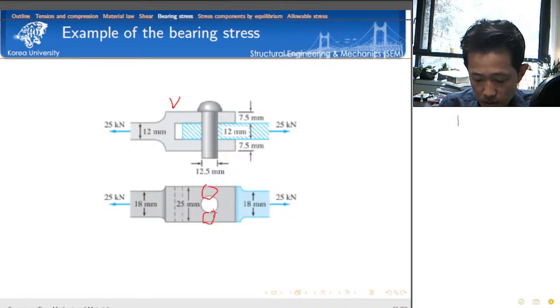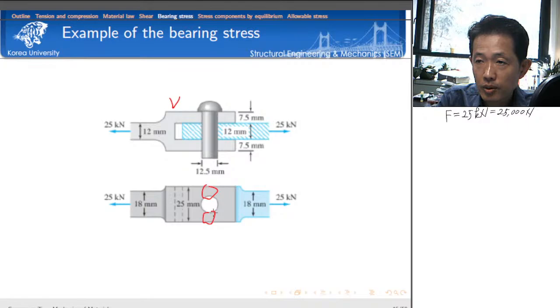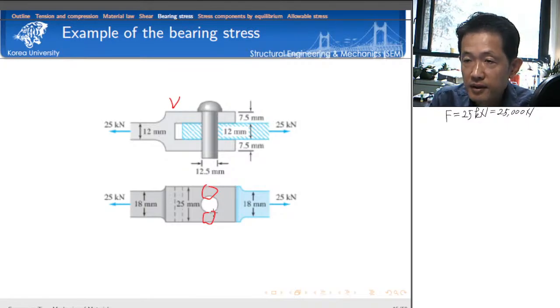So we have force is 25 kilonewton, and this is equal to 25,000 Newton. So as I told you, it is convenient to use the unit of Newton to express the unit of force. So if you combine it with the millimeter scales, you can obtain a megapascal unit automatically.